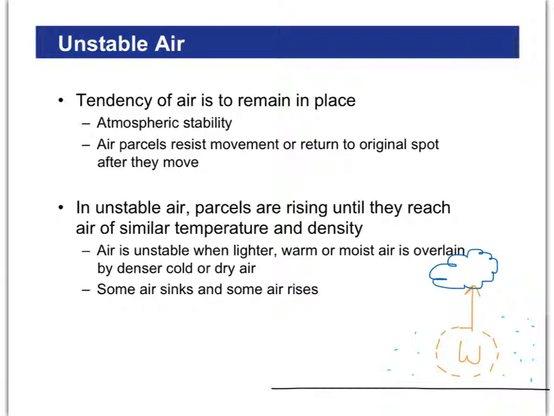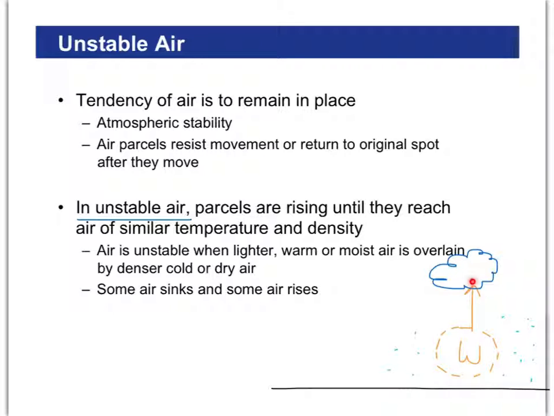Whenever you have air rising up, we call that unstable air. Now, when you think of somebody who's unstable, you think of them maybe freaking out at a moment's notice. But unstable simply means prone to change. So unstable air is going to change its altitude or rise up or change its position.